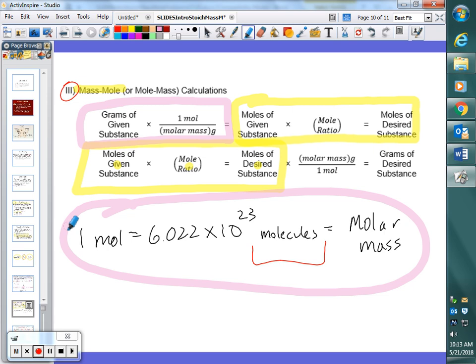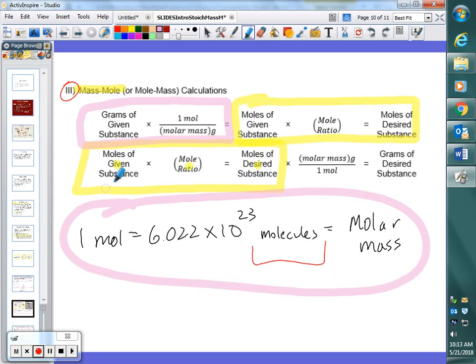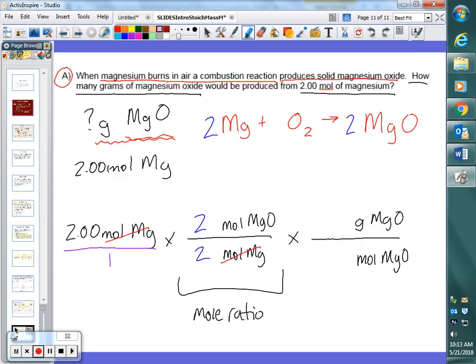We know that these three things are equal to each other. We know we can go from moles to grams using the molar mass. Now, a little bit different here, because we don't just have the molar mass of an element, we have the molar mass of a molecule.